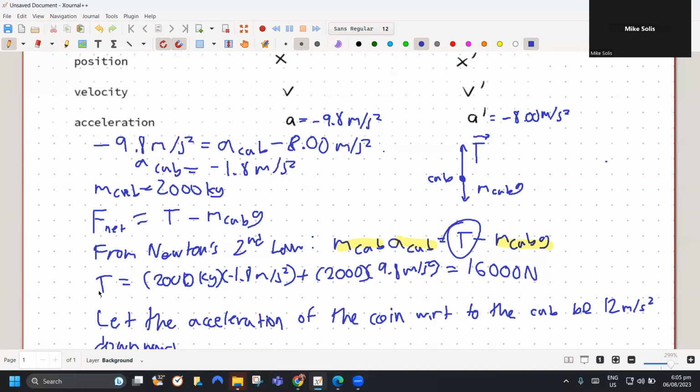Okay. So, tingnan mo uli yung table. How does that table get modified? Kung nakatayo ka sa loob ng cab, makikita mo yung coin na nag-accelerate downward na 12 meters per second square.